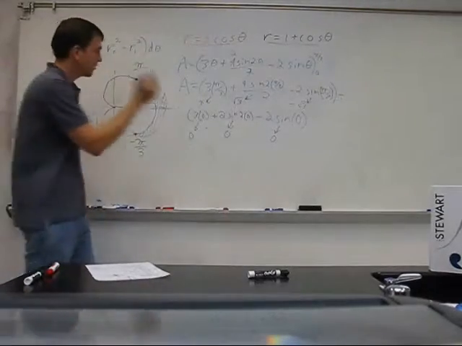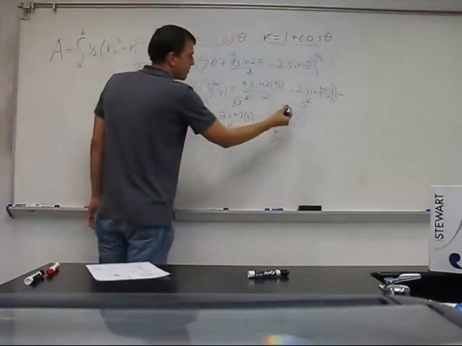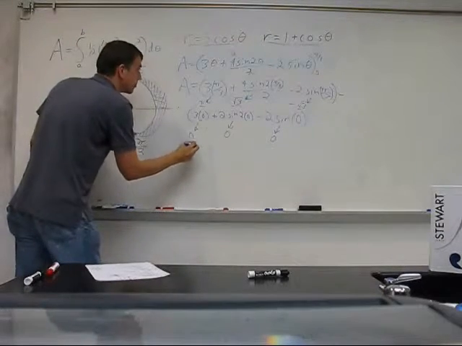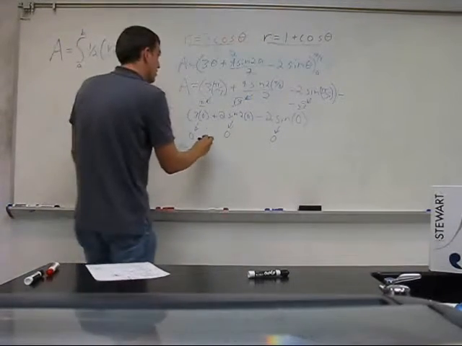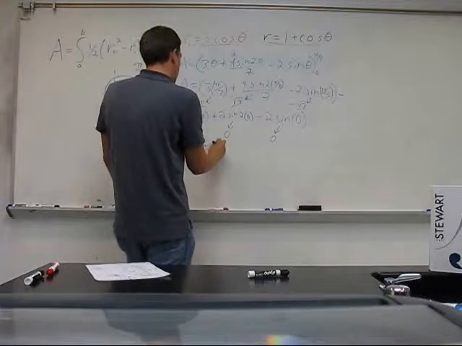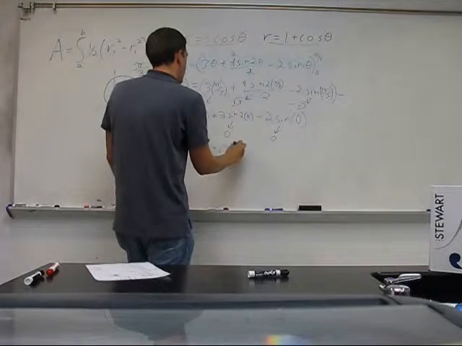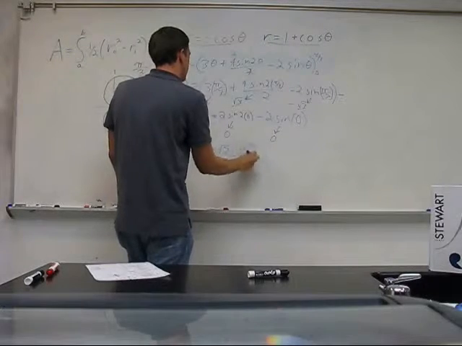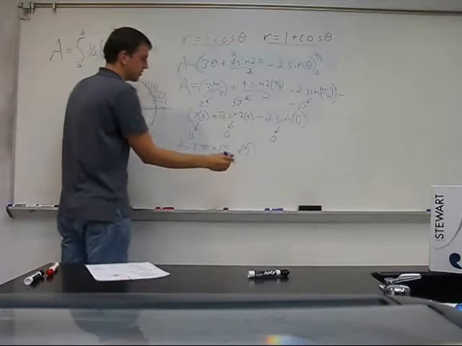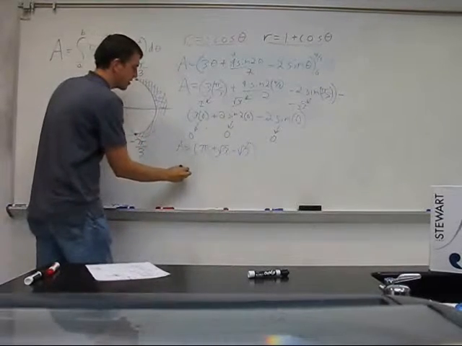All right, so we're going to be left with the pi, the root 3, and the negative root 3. So area is equal to pi plus root 3 minus root 3. All right, and arithmetic tells us that area is equal to pi.